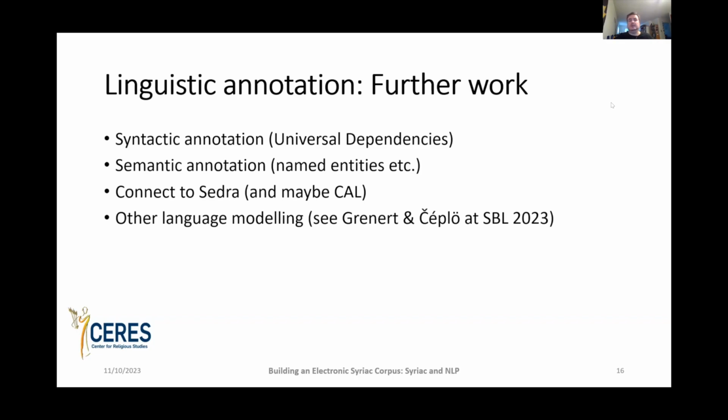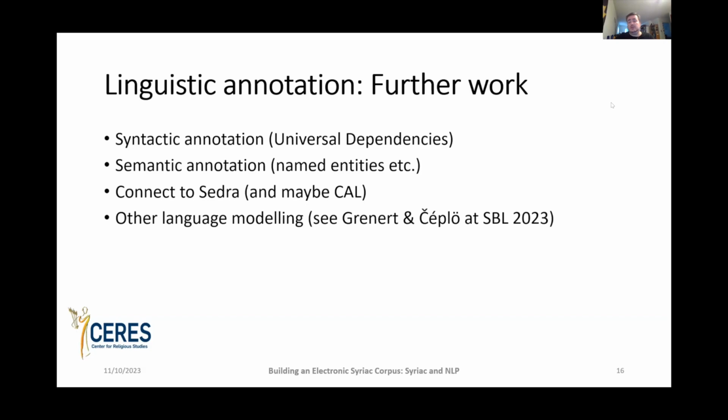We also want to connect Simtho to Cedra. That, by the way, worked in the previous version, I think the second version, with the previous version of NoSketch Engine, where you could basically just click on the word in the concordance and it would take you to Cedra. There have been some difficulties with that, so we're working on improving that.